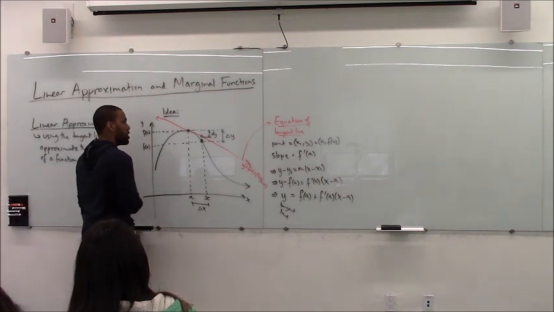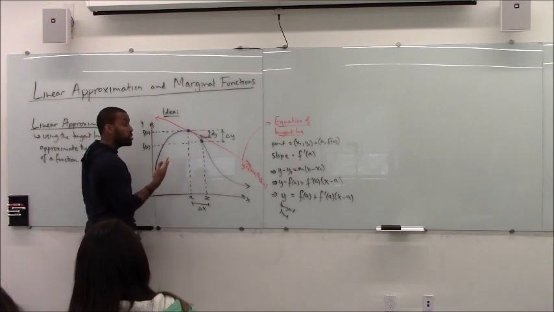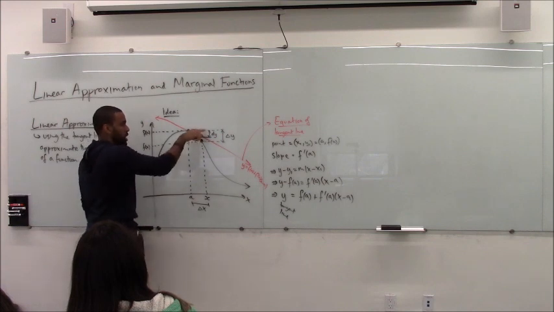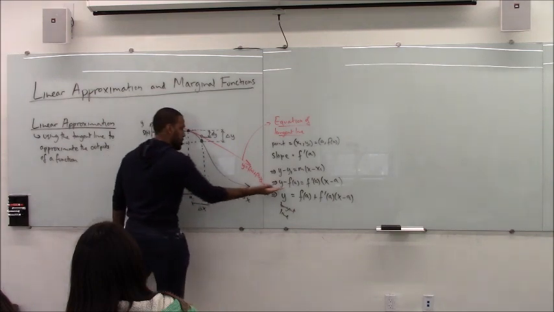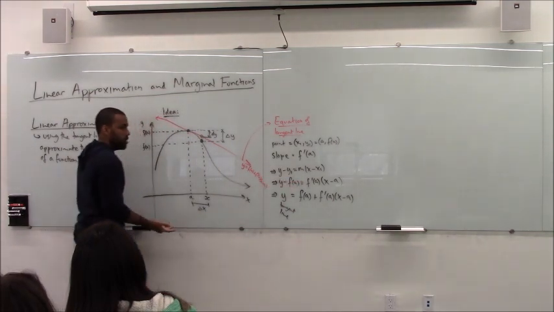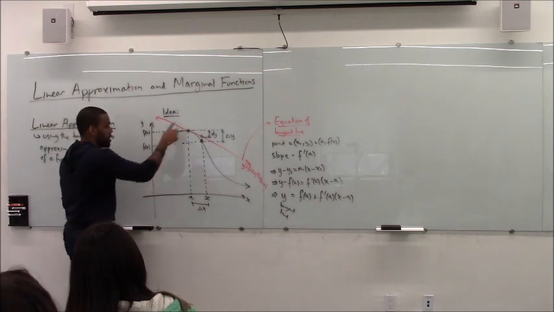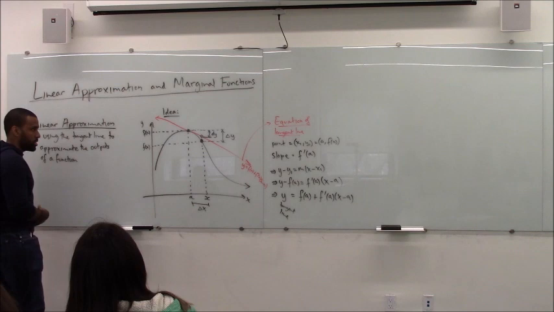So it turns out there are going to be situations in which the change in the tangent line is going to be very close to the change in the original function. Now, measuring the change in the tangent line is going to be easy. Why is it easy? Because it's just the equation of a straight line. I can talk about how a straight line moves very easily, whereas the function itself might be very complicated. I might not be able to get a handle on that function itself.